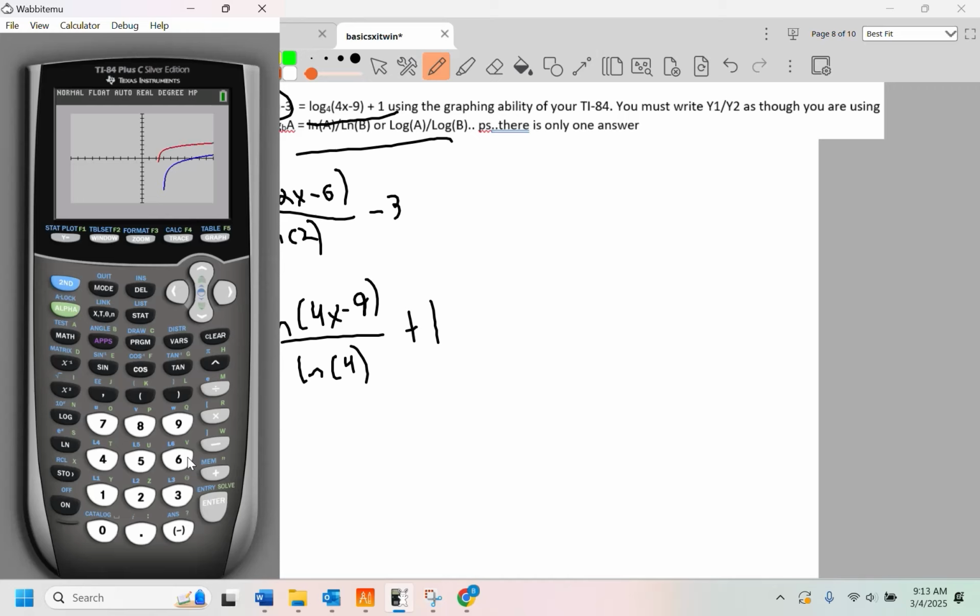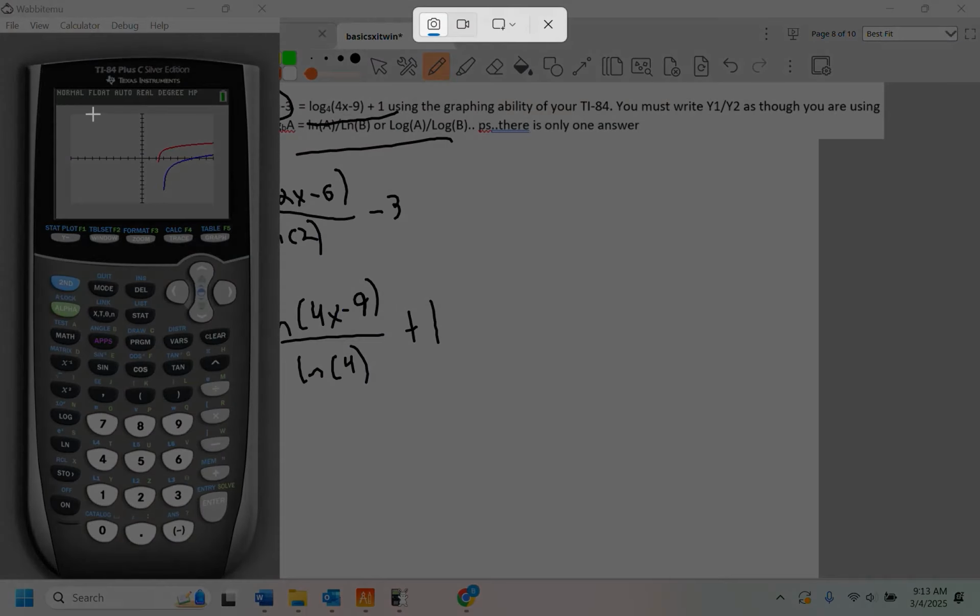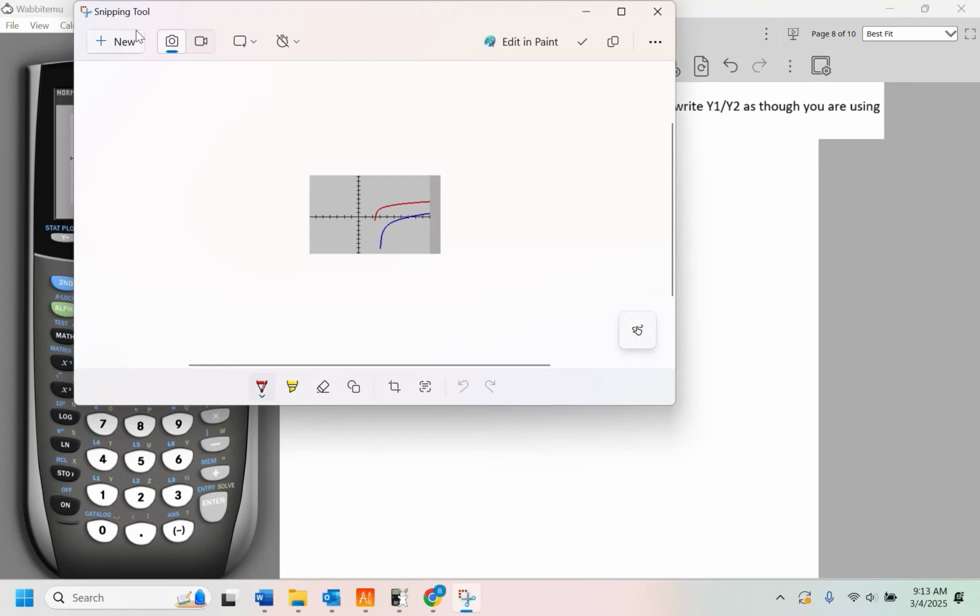This one has an answer, but it's harder to get than the rest of them. Let me snip this.